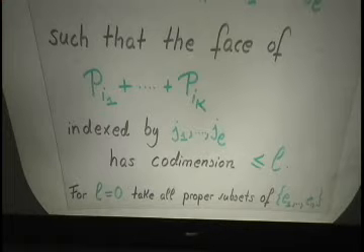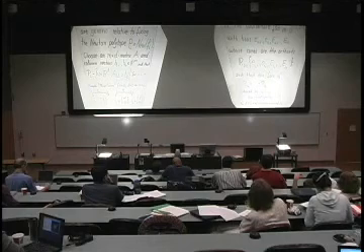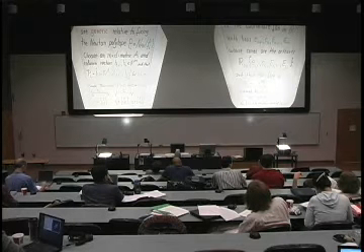So I intersect the corresponding facets, and I get a face. So look at the face of this partial Minkowski sum, P_{i1} plus through P_{ik}, that's indexed by j1 up to jl. And I want this face to be big. The condition is it has to have codimension at most l.